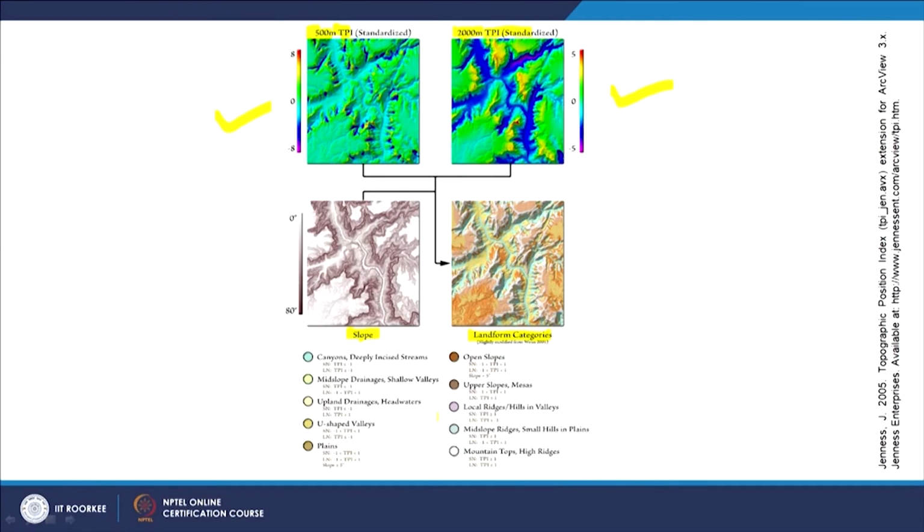So, that means employing a digital elevation model and a TPI, a geomorphic study or automatic detection of landforms can also be done employing these two things along with the digital elevation model on a GIS platform.